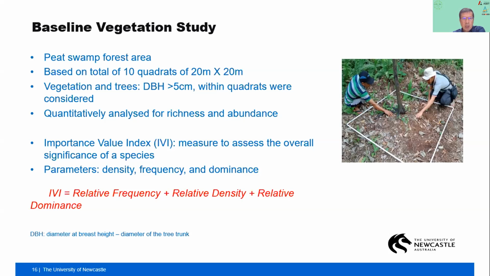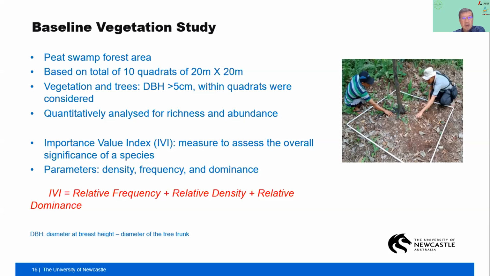It's a square quadrat of 20 by 20 meters. We measured the diameter at breast height, which is the diameter of the tree trunk, and surveyed that area to see what kind of species of peatland forests are there in terms of abundance and richness.